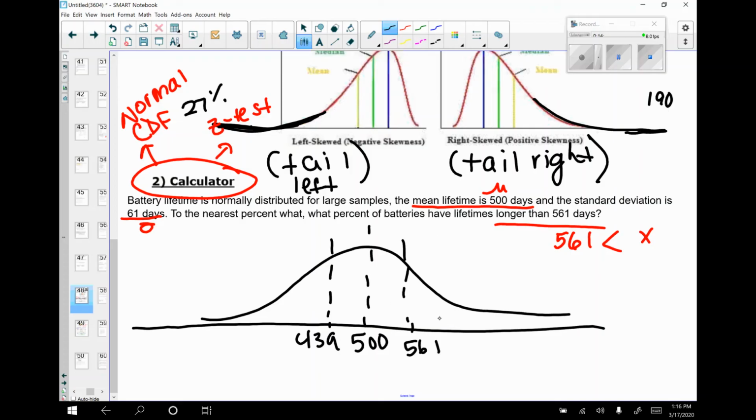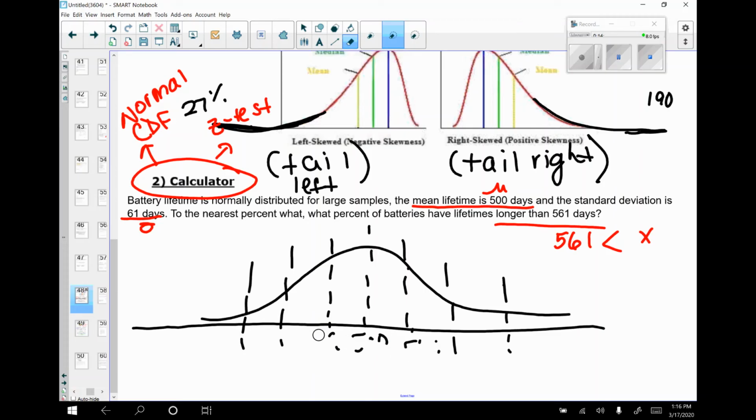And then if I keep going here, oh, that's bad, let me fix this. Okay, this is at 561, and then my next one. Let me make this a little neater here for us, and you're getting this all copied down.